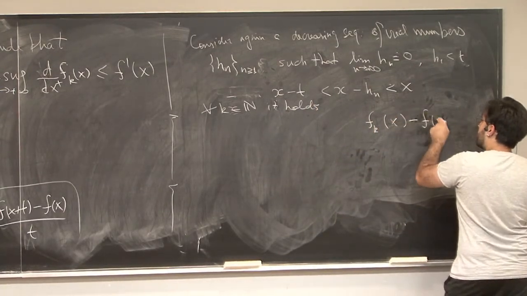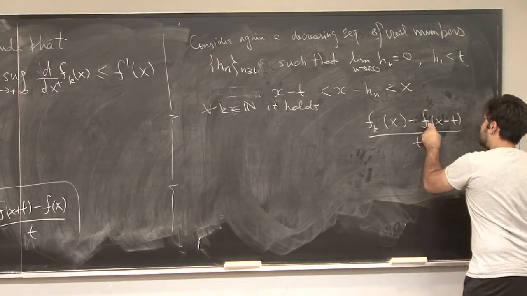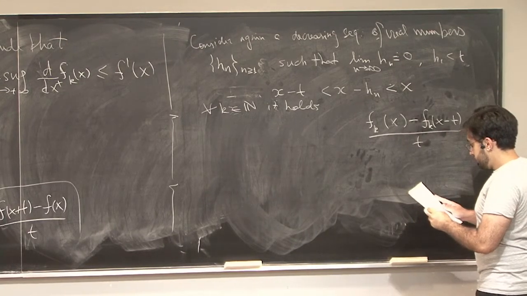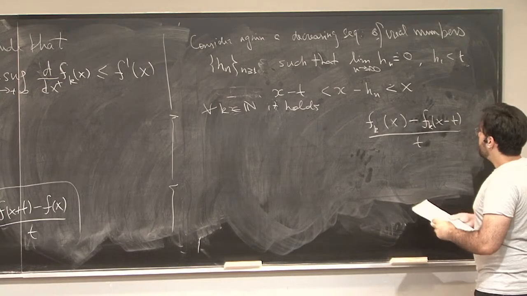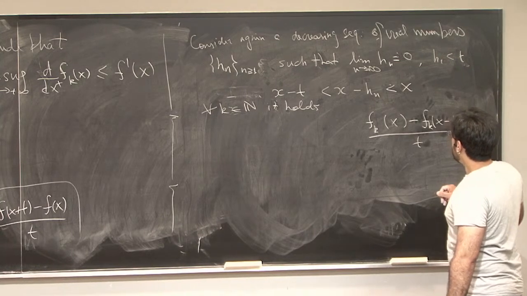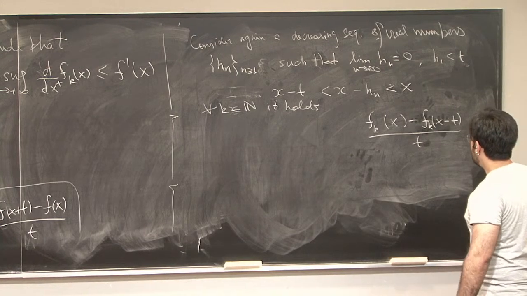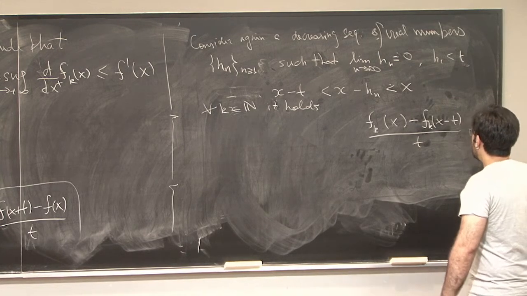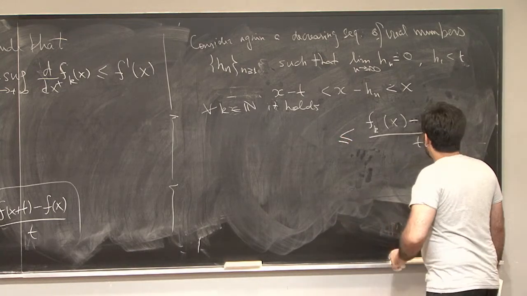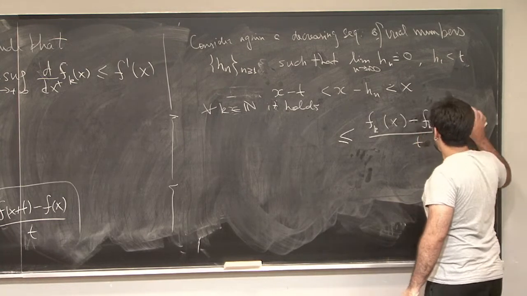x minus t over t. Actually I guess it's the other way. It's the other way. Just a second. The other side. Just a second. I need it to be, oh no, sorry. It's not this.